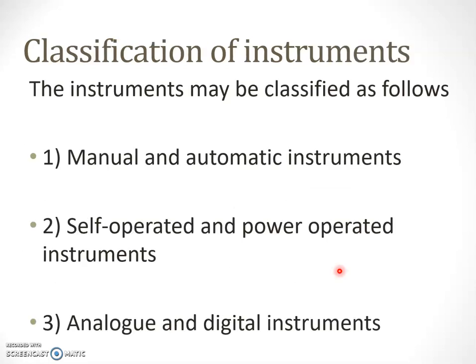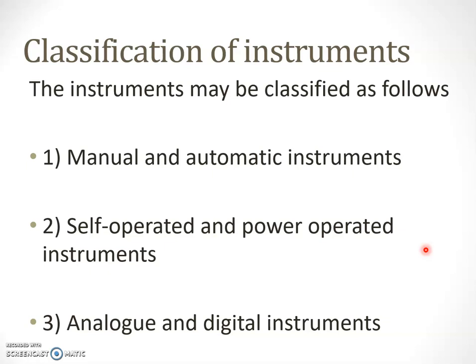Then we are moving to classification of instruments. An instrument is a measuring device which is used to measure a particular physical quantity. Instruments are classified into different categories. Now we are discussing only three types of classification.